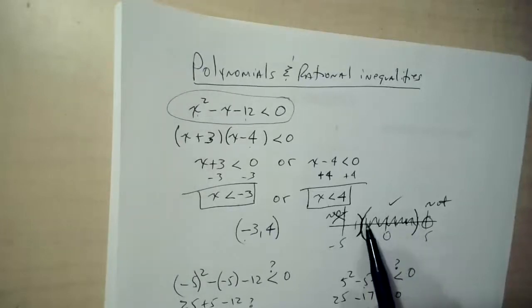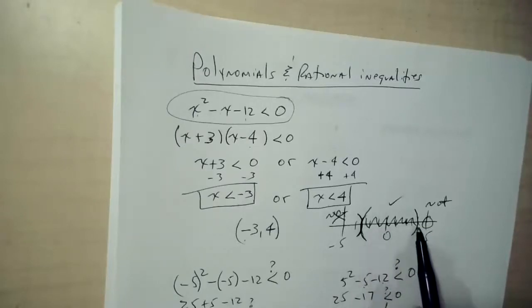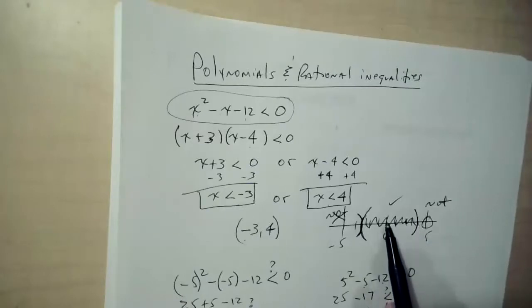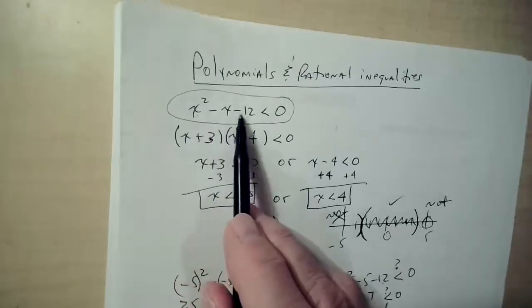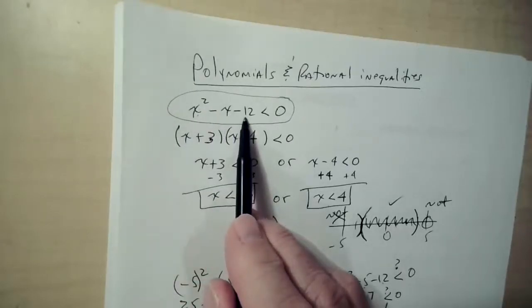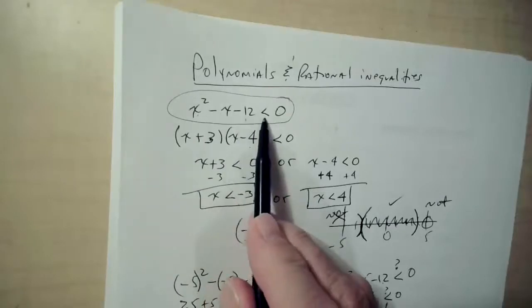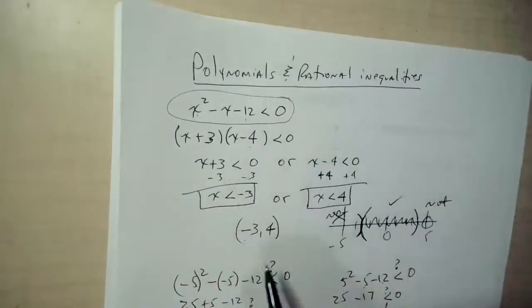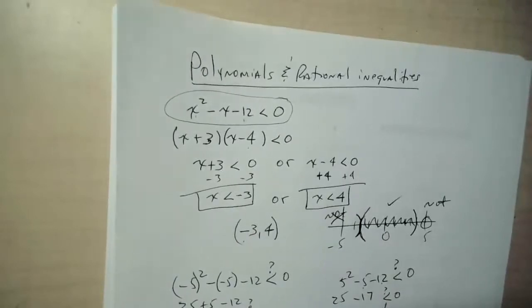So let's check a number in between here. In between, what is that? -3 and 4. Well, let's take 0. 0 is an easy one. Or did we already do that? 0 minus 0. So we're left with -12. Is -12 less than 0? Yes. Oh, we already did that somewhere.